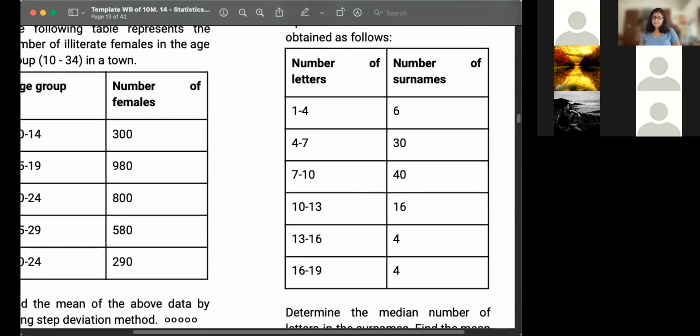So 1 to 4 is 6, 4 to 7 is 30. Ma'am, the cumulative frequency that we have to take, it should be of the previous class, right? Yeah, previous, the one above the median class. So up to n by 2, how many are coming before that? That's what you're looking at. So it's the previous one.